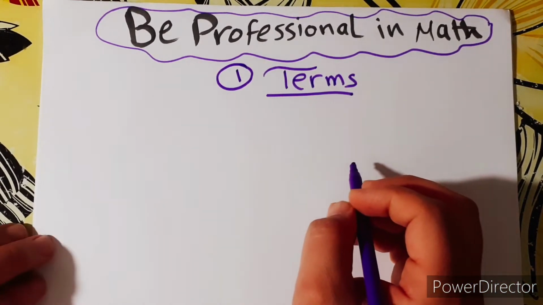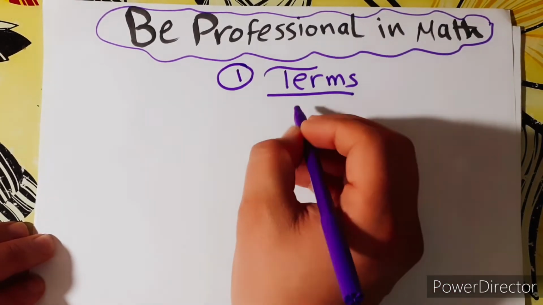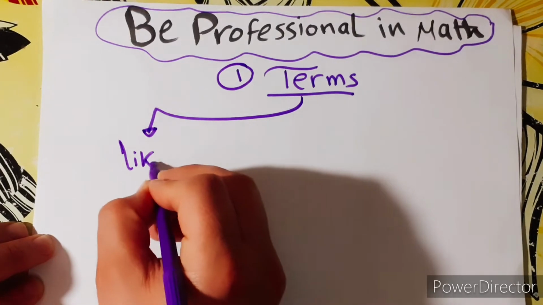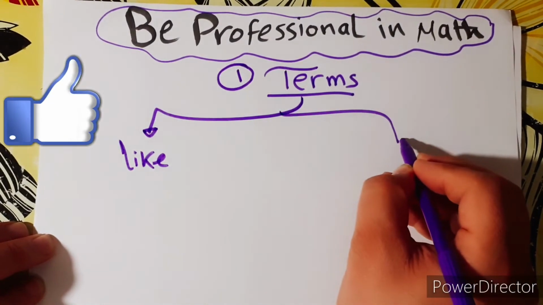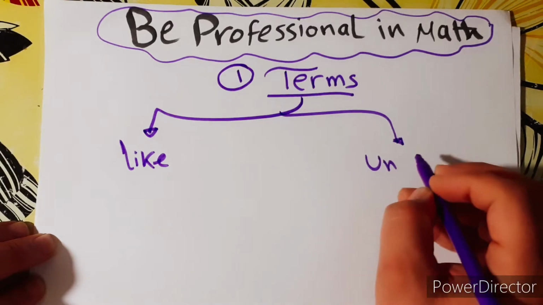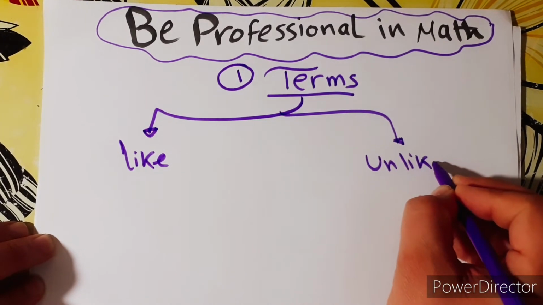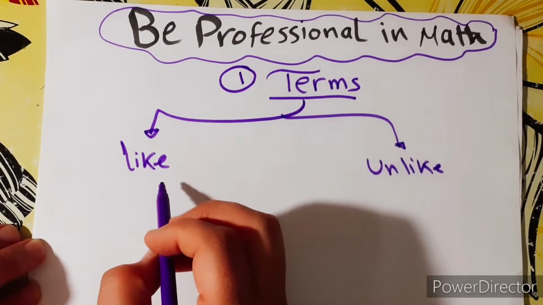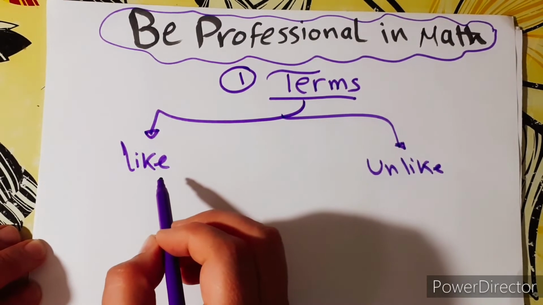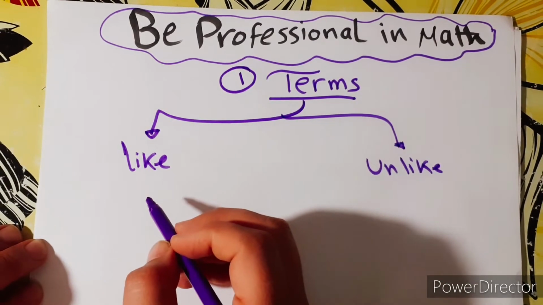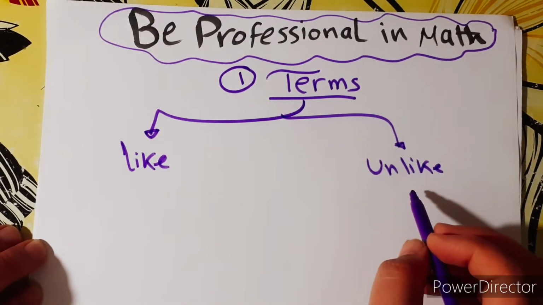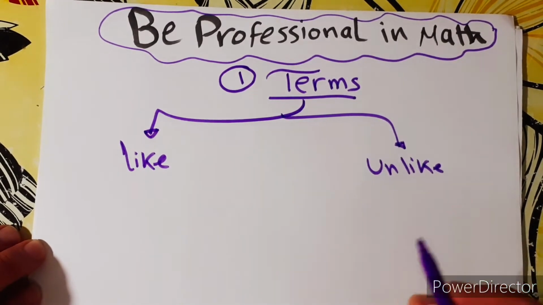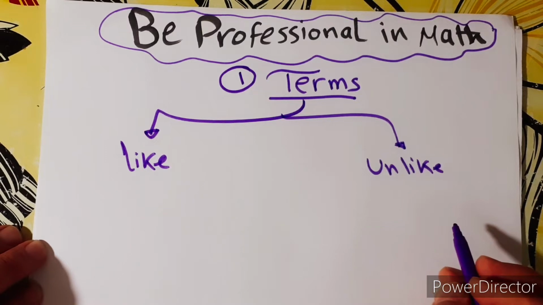First, you must know that terms are divided into like terms and unlike terms. Like terms such as x, 2x, y, 3y, and so on. Unlike terms such as x and y, x power 2 and x power 3.